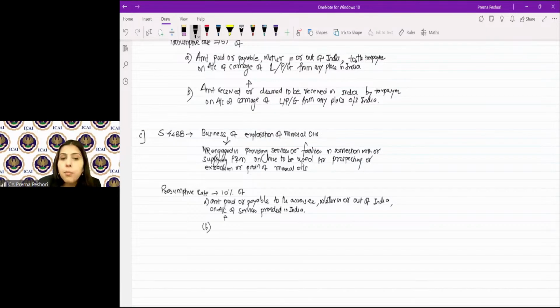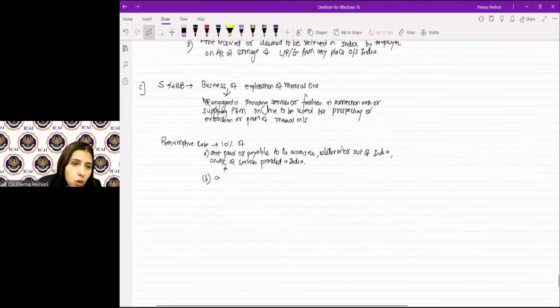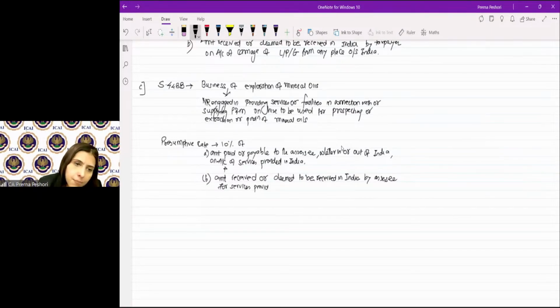Plus B is amount received or deemed to be received in India by the assessee for the services provided outside India. Again, this is the presumptive rate which is given.